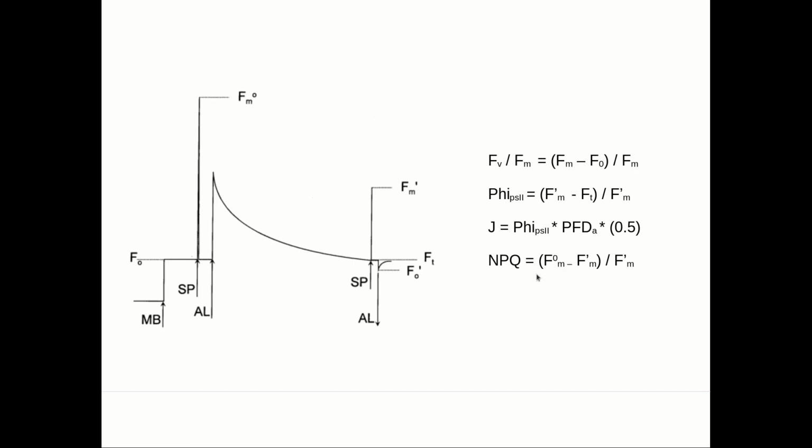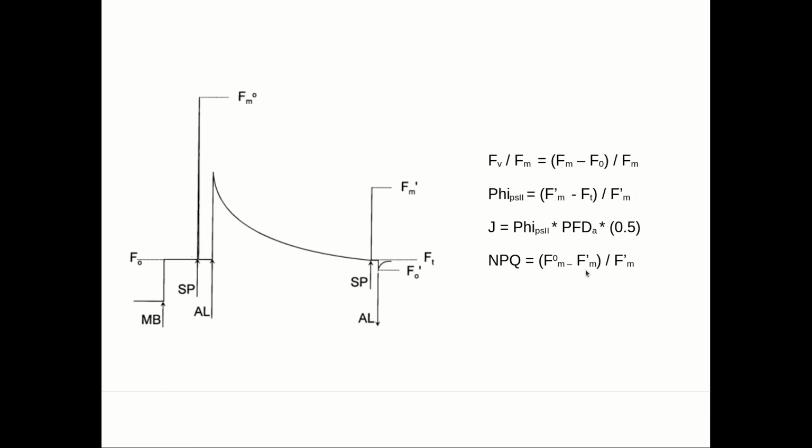And then finally we can measure non-photochemical quenching, which is just the proportion of the light going to these other processes that the plant uses to dissipate the light as opposed to photochemistry. And the way we do that is we start with the difference in maximal fluorescence between the dark adapted state, where we're assuming that there's no non-photochemical quenching. So that was this FM parameter.